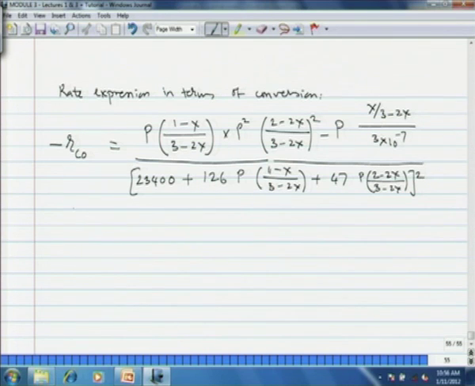And now the limits of integration are xi naught equal to 0 and xiz equal to 0.95 of x equilibrium. X equilibrium we have just estimated as 0.484.